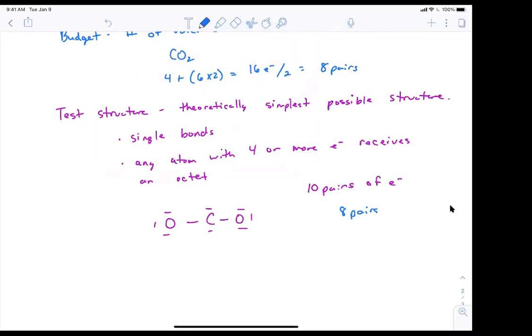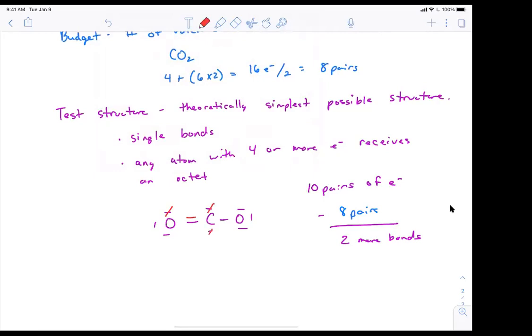So in reality, some of these lone pairs actually act as bonds instead, because there aren't enough electrons to afford every atom to have their own lone pairs. So the only way that they can be satisfied is if they share more pairs. And so if 10 minus 8 tells you need to have 2 more bonds, you have to replace those lone pairs with 2 bonds, because every time you replace a lone pair on each, you can add a bond here.